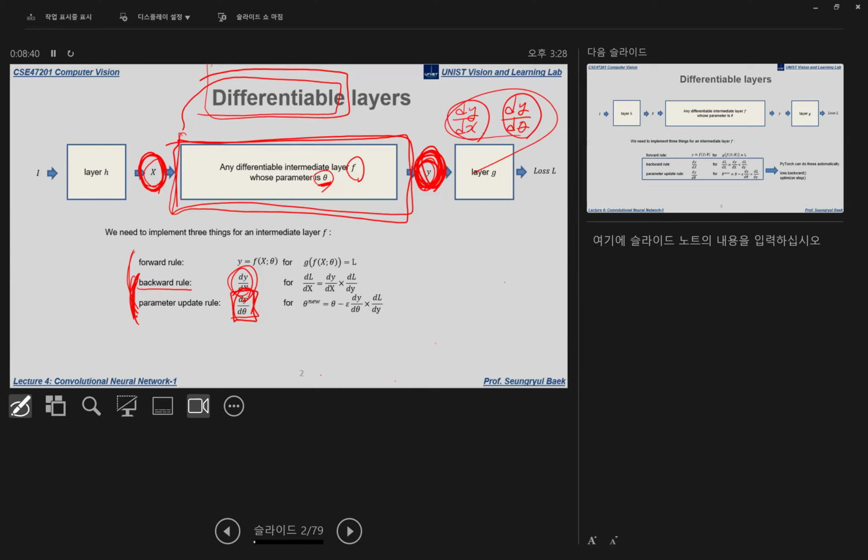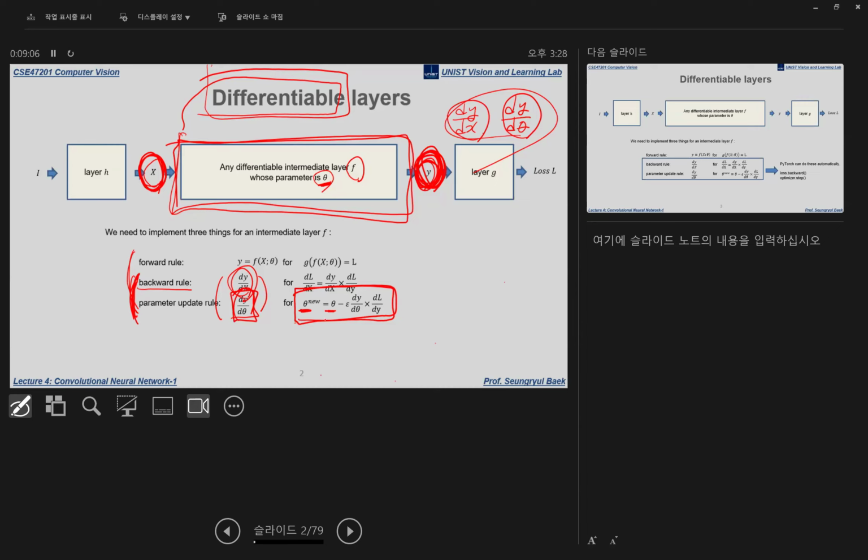And the reason you have to have these two gradients is that we have to update our parameter θ for the entire network. Previously the parameters were called W and B, but here we will call the parameters for the entire architecture θ.